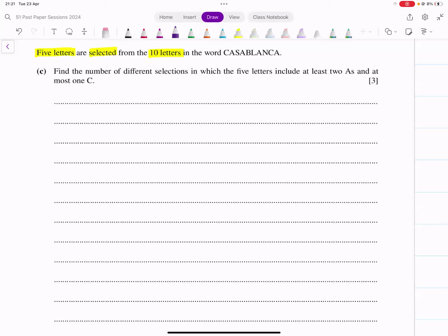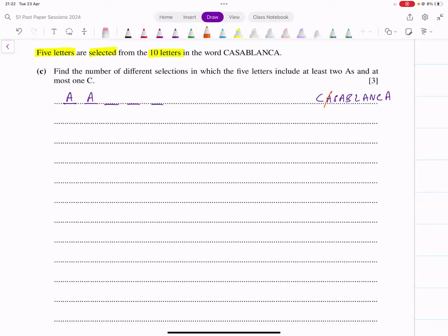Okay, so there are 5 places, remember. You can choose 5 letters. Out of those 5 letters, we want at least 2 A's. That means 2 A's are already selected. 2 A's have to be there, no matter what you do. So what we can do is, from this word, we can just get rid of 2 A's.